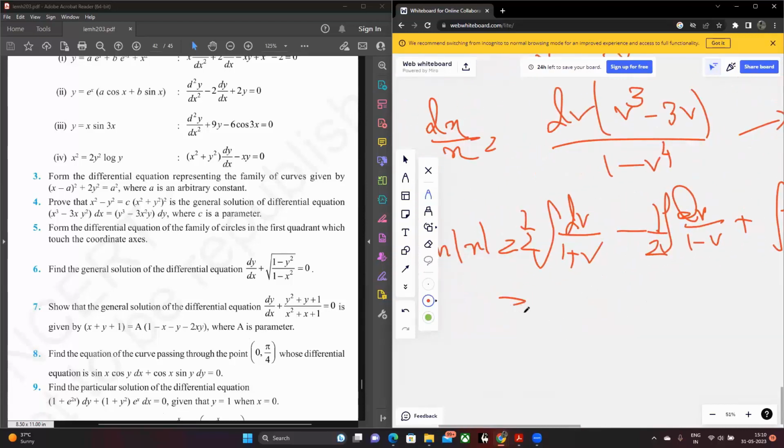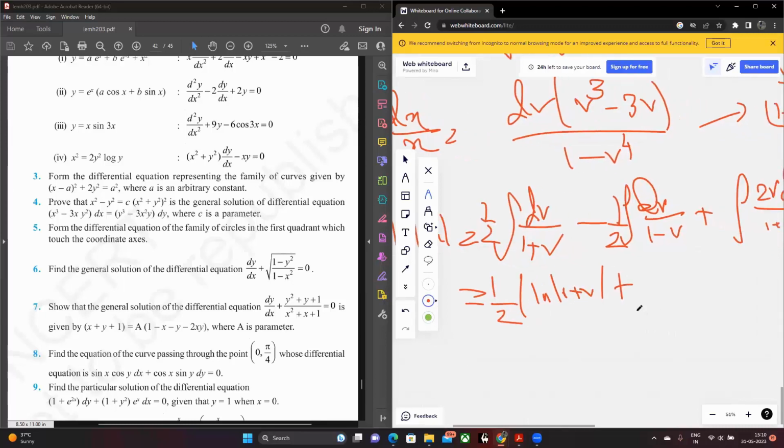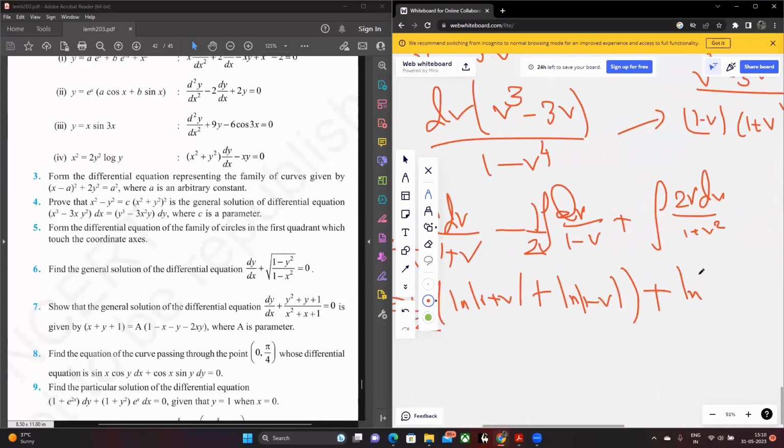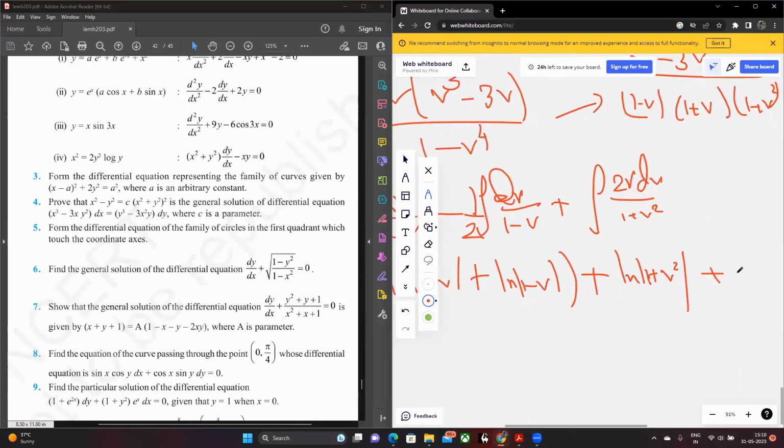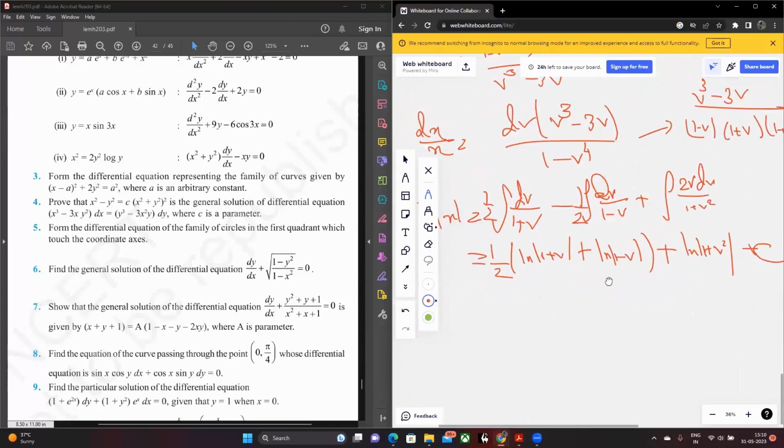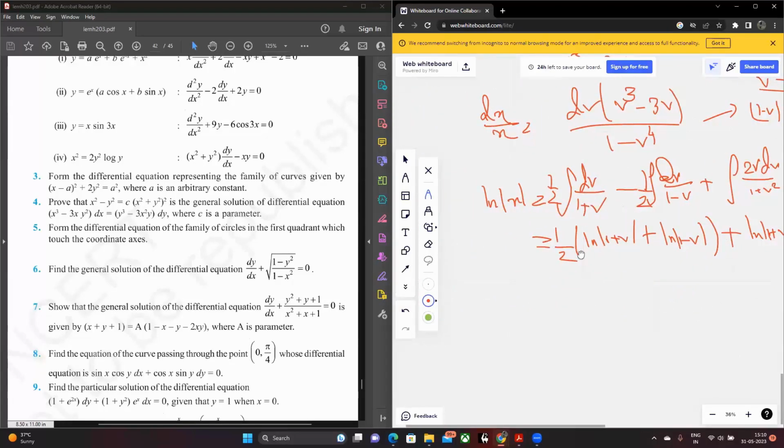Which is basically half of ln mod 1 plus v plus ln mod 1 minus v, plus ln mod 1 plus v squared, of course, and the constant.